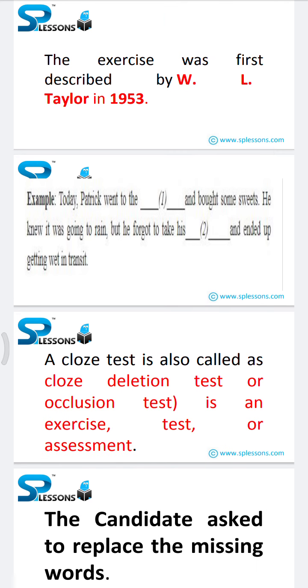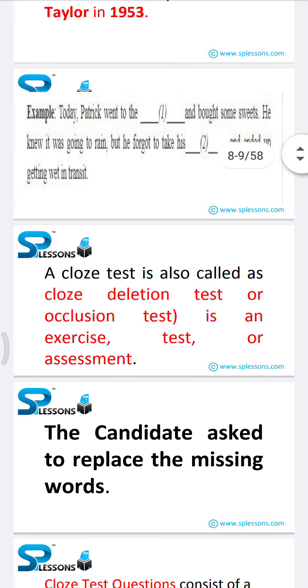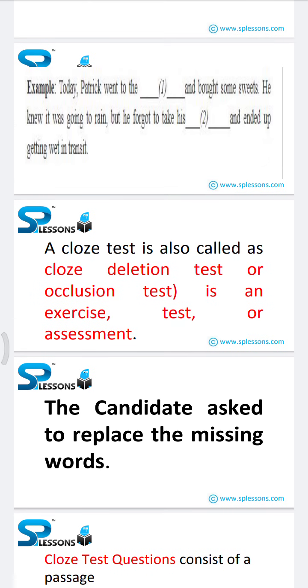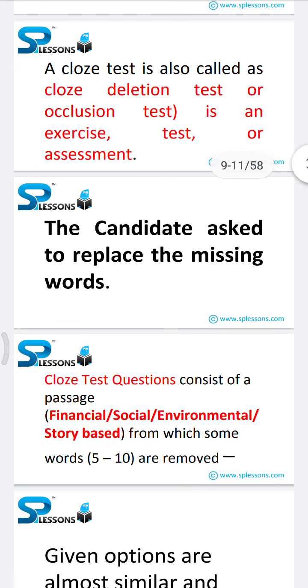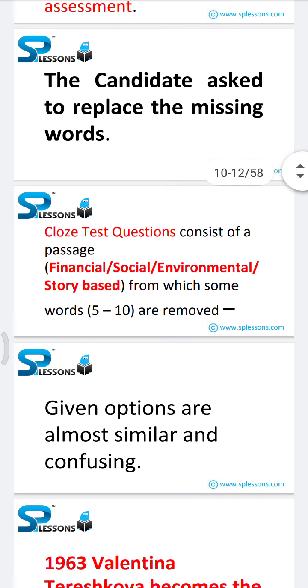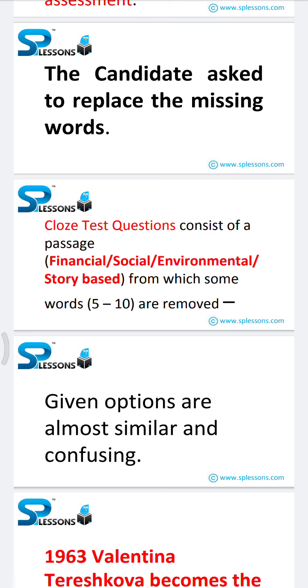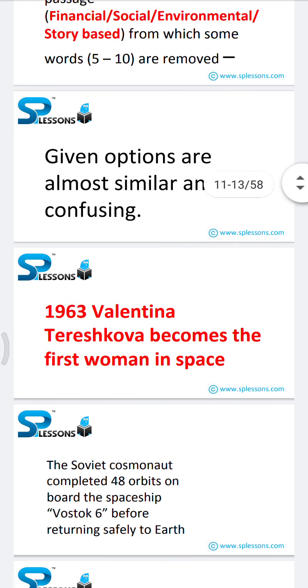A closed test is also called a closed deletion test or cloze test. It is an exercise, test or assessment in which the candidate is asked to replace the missing words. Closed test questions consist of a passage, financial, social, environmental, or story based, from which some words, 5 to 10, are removed. In closed test patterns, the given options are almost similar and confusing.